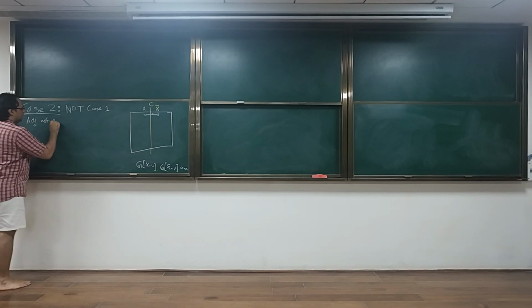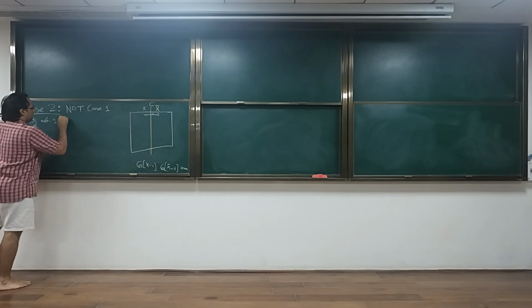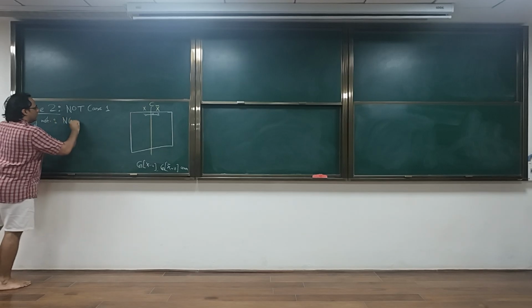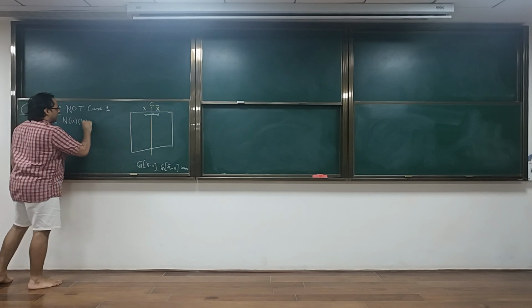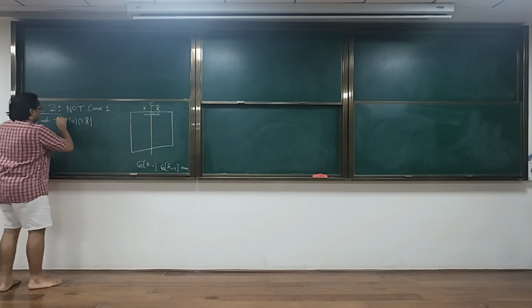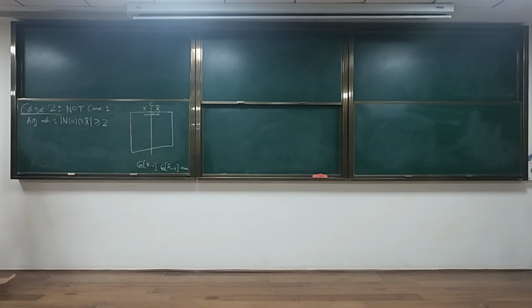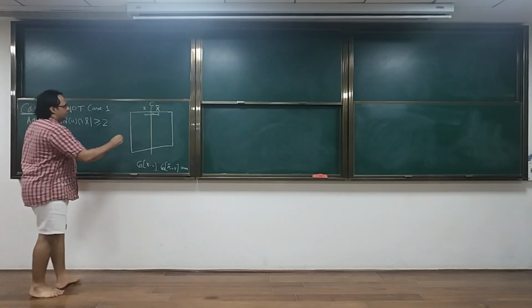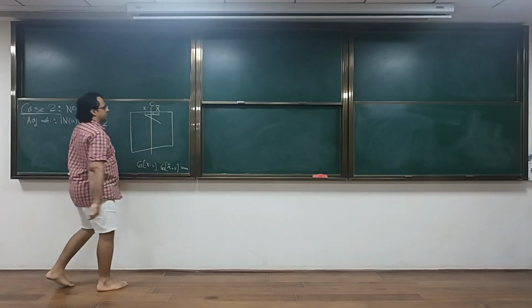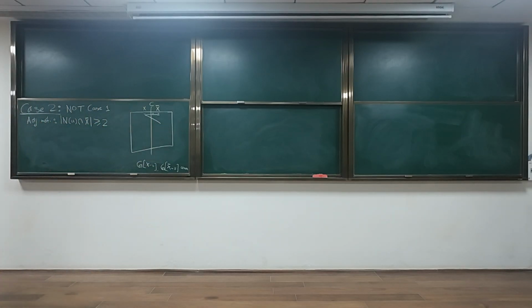Adjust notation so that the neighborhood of u intersected with x bar has cardinality at least 2. So let me put one edge going like this, going to some vertex that is not equal to v. Okay, so this is the situation we are in.